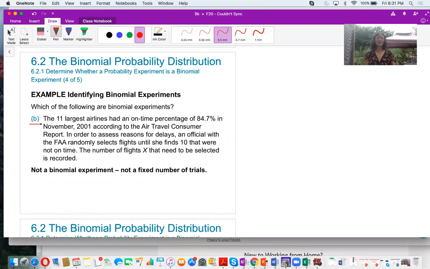The number of flights X that need to be selected is recorded. Is this a binomial experiment? The answer is no, because it violates fixed number of trials.